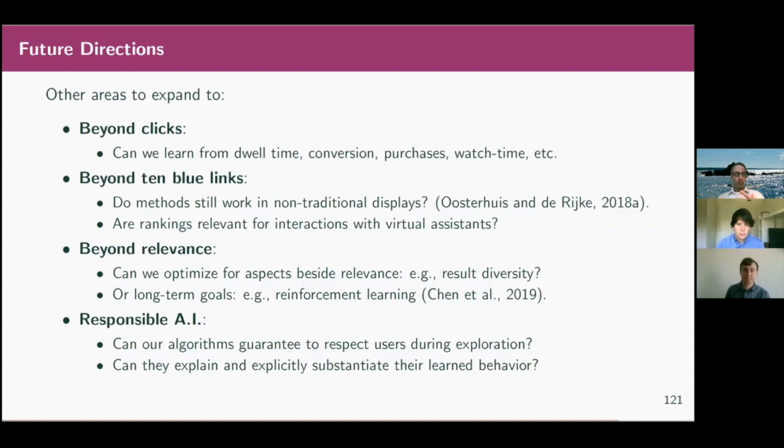How can we make sure that our algorithms guarantee a certain level of fairness, a certain level of absence of bias for different user groups during exploration, during learning, after we've collected data, and how should we explain what it is that we learn during exploration, or that we learn from historical data, both in terms of what data points were influential for a current decision, but also what would be ways of modifying that decision, maybe by intervening in the data or in the data collection, should we not be happy with the current decision.